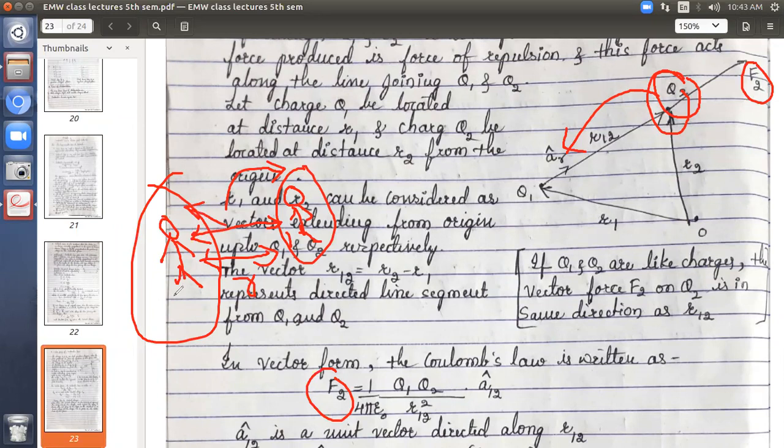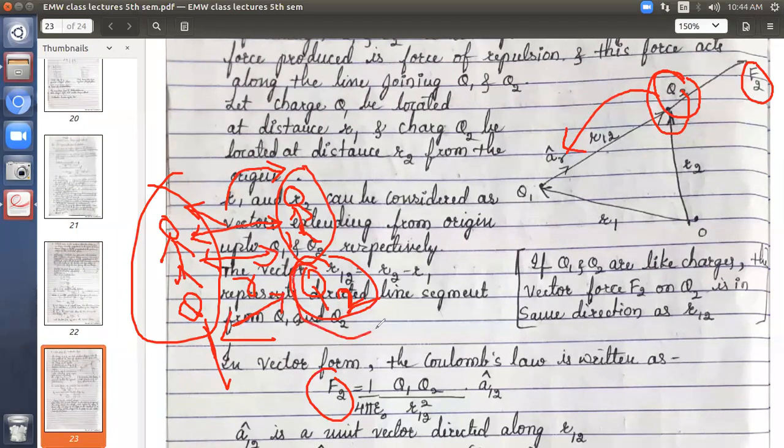Suppose this is your charge q1 and this is charge q2, and q2 is trying to drag the rope towards her side, and q1 is trying to drag the rope towards her side.